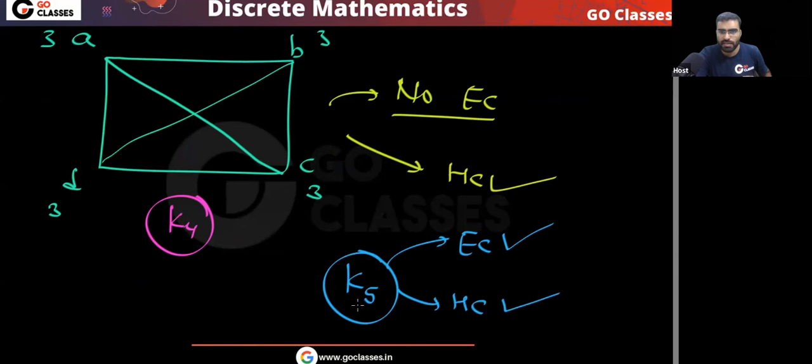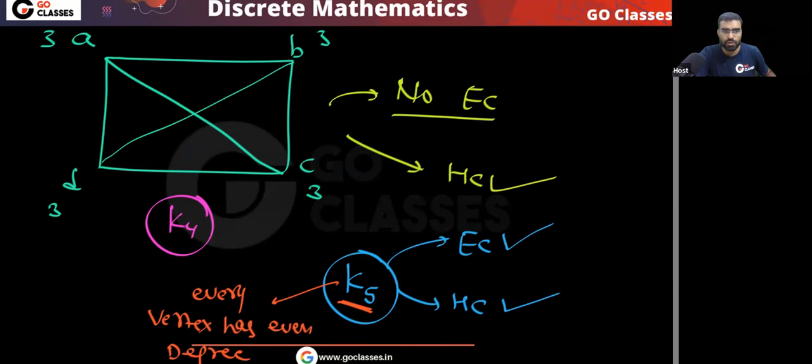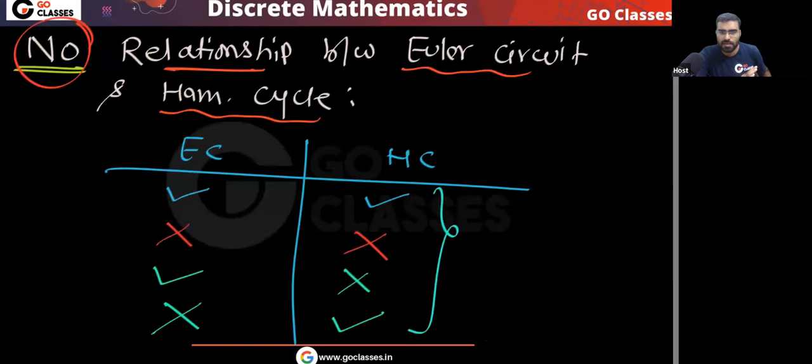So this K5 has both a Hamiltonian cycle and an Euler circuit. I hope you understood all these things. So you can see there is no relationship between Euler circuit and Hamiltonian cycle.